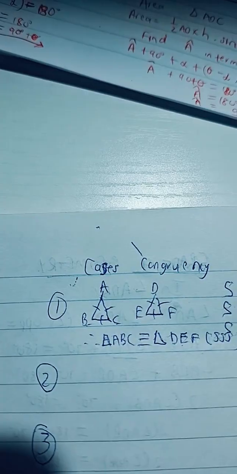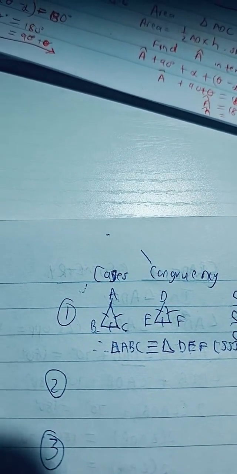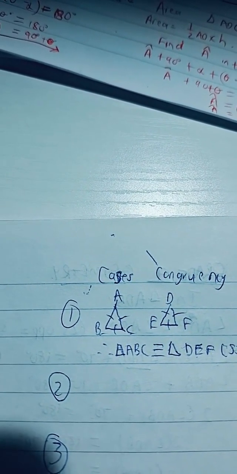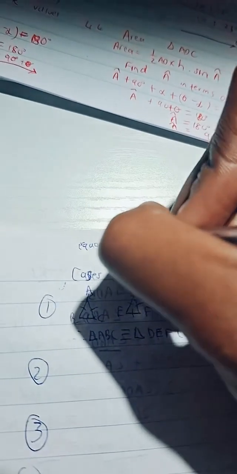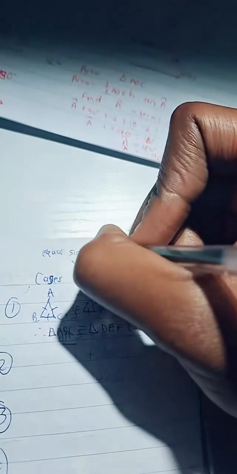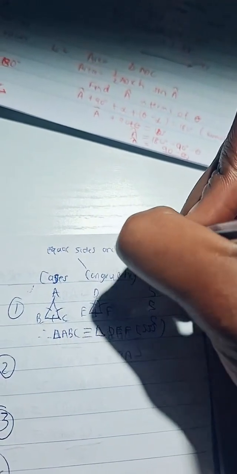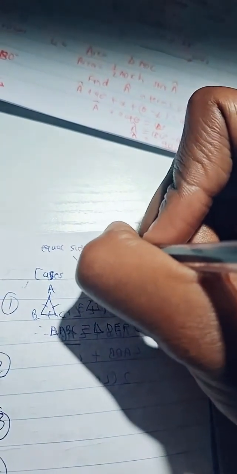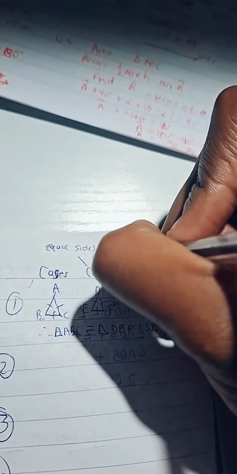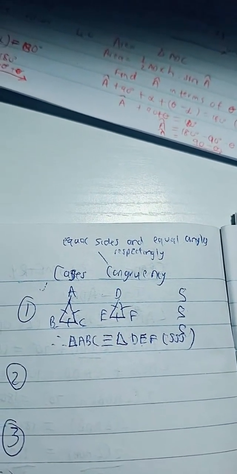In the case of shapes, if you're talking about triangles, congruency means that you have equal sides for those two triangles and equal angles, respectively. So the two shapes are identical.